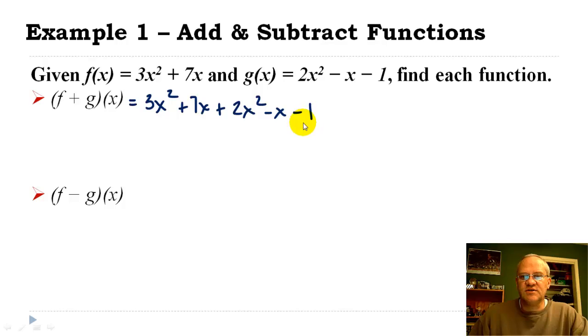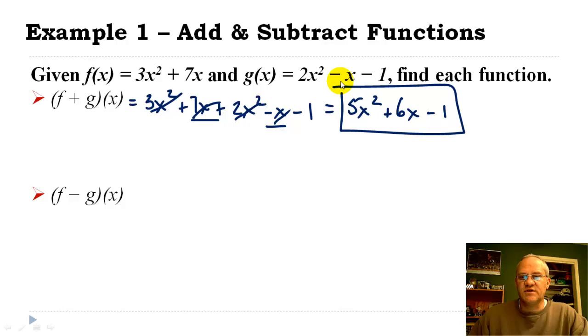We're just going to add those together and then combine the like terms. 3x squared plus 2x squared is 5x squared. 7x minus x is 6x. And then minus 1. So that's what we get.